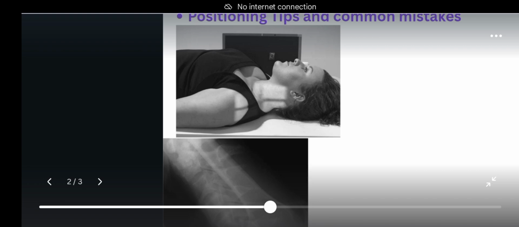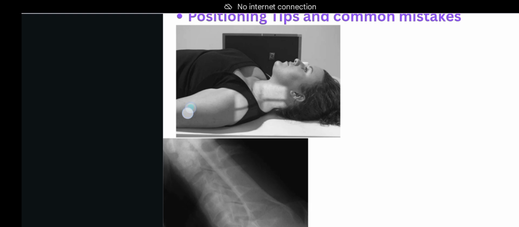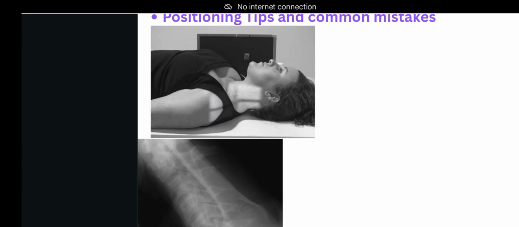The second tip is that the arm nearest the receptor should be the one raised over the head. The other arm is put down and the shoulder is depressed as much as possible.